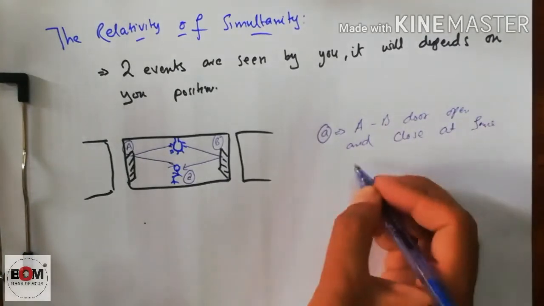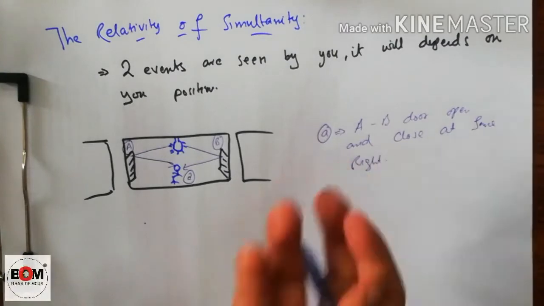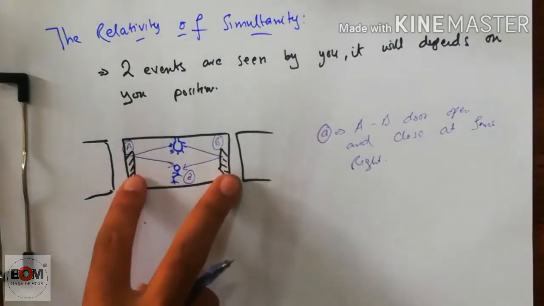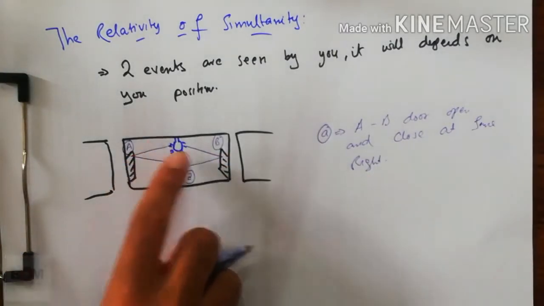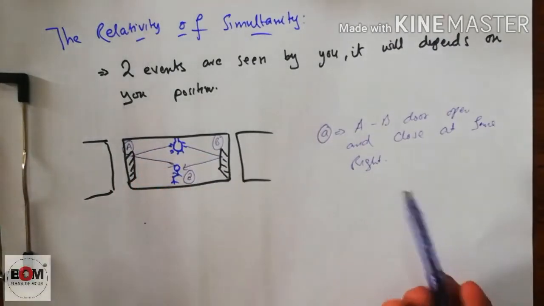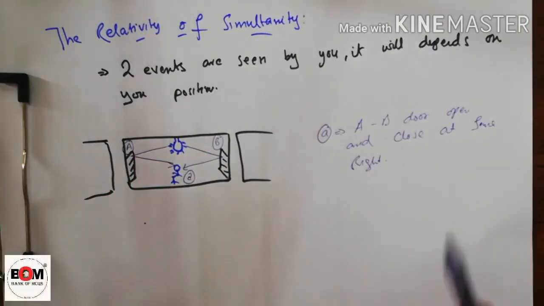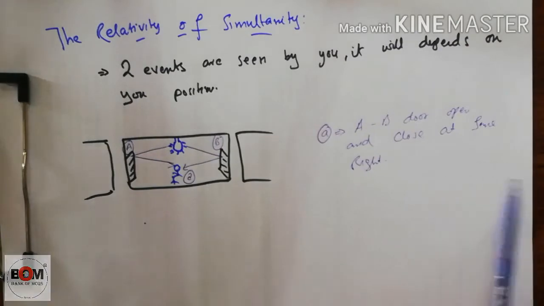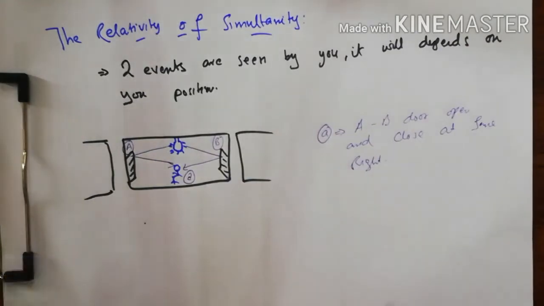He is right, because the doors are automatic and by one click they open and close, and due to the bulb he can testify that both doors open and close at the same time.